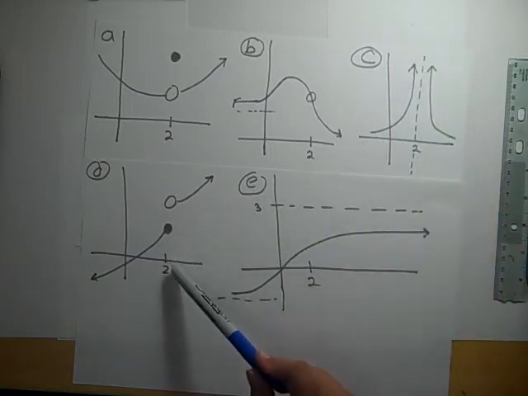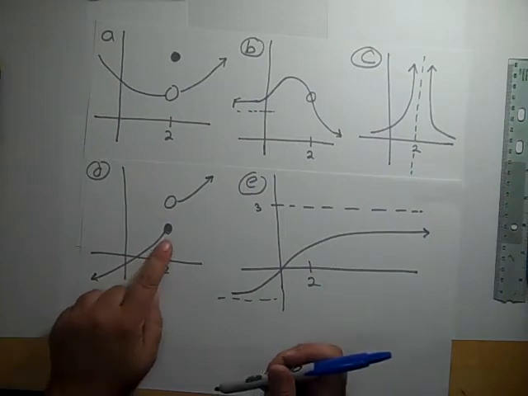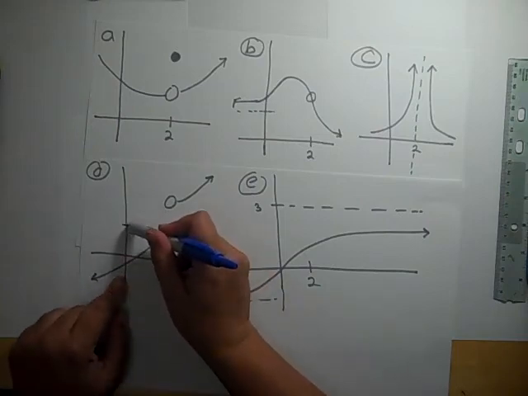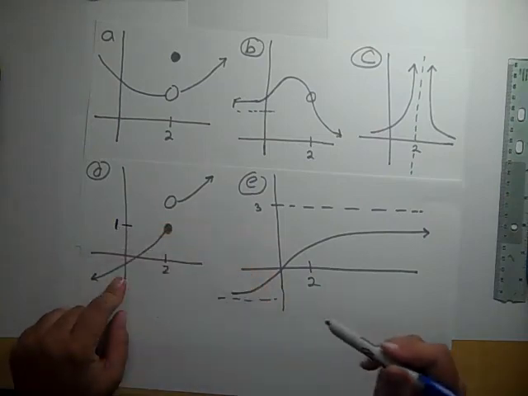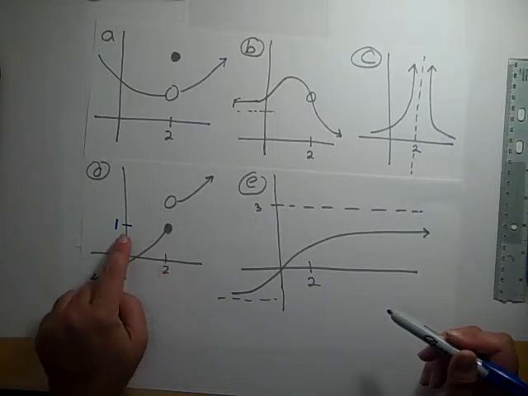Let's look at letter D. We can see this black dot. That is the defined function value. I believe if you look at your graph, when x is 2, y is 1.